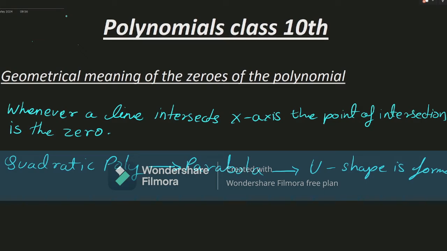So now let's actually begin the topic with geometrical meaning of the zeros of the polynomial. So first of all, let's talk about graph of constant polynomial.